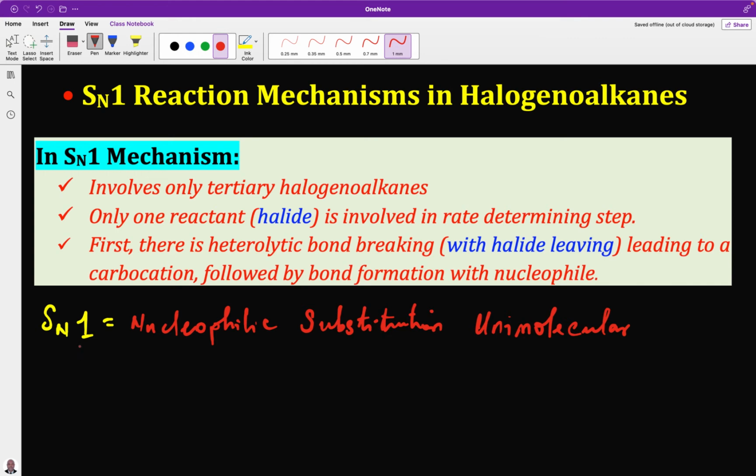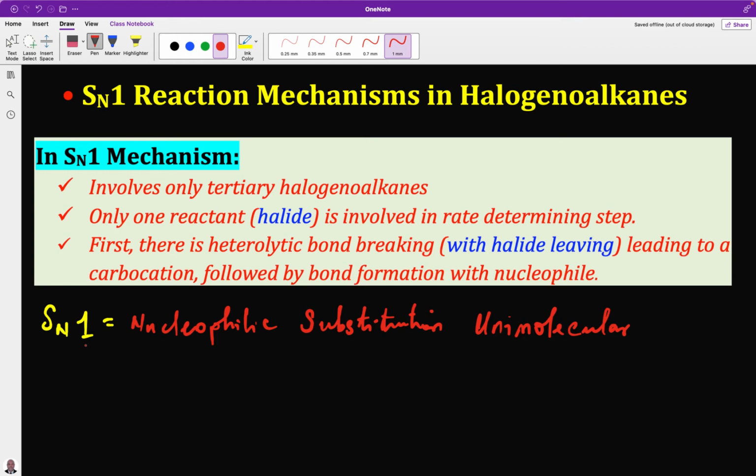SN1 indicates that only one reacting species is involved at the rate determining step, while SN2 indicates two reacting species. The rate determining step is the slowest step in a reaction.